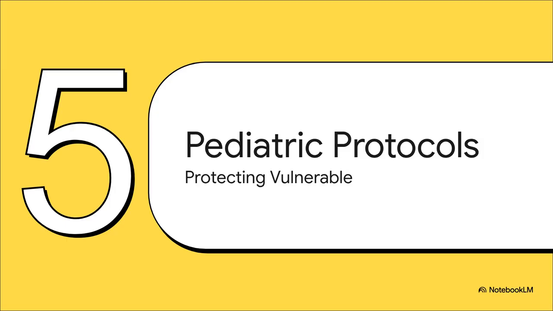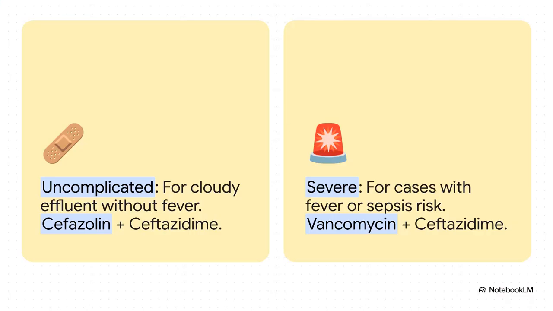Now let's shift our focus to our pediatric patients. Managing peritonitis in children requires a whole different set of considerations. The goal isn't just to cure the infection, it's to do it while minimizing any drug toxicity and preserving the long-term health of the peritoneum, a membrane these kids might need to rely on for decades. Exactly. Because we want to avoid potentially toxic drugs, pediatric therapy uses a risk-stratified approach.